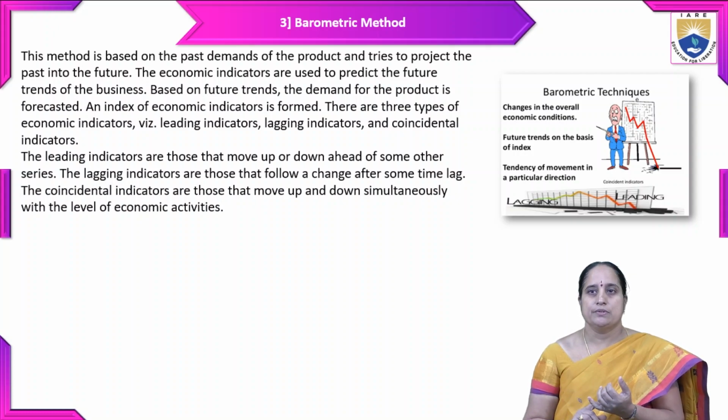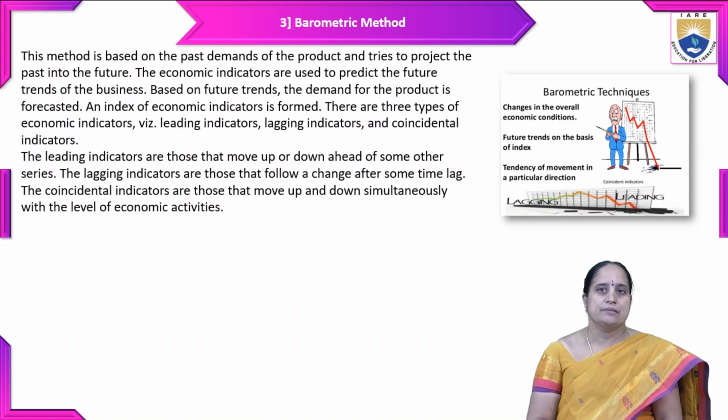Based on the future trends, the demand for the product is forecasted. For example, if you take the index of economic indicators, there are three types: leading indicators, lagging indicators, and coincidental indicators. The leading indicators are those that move up or down ahead of some other series.